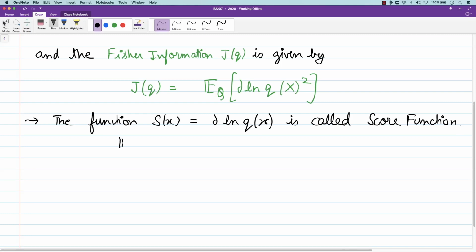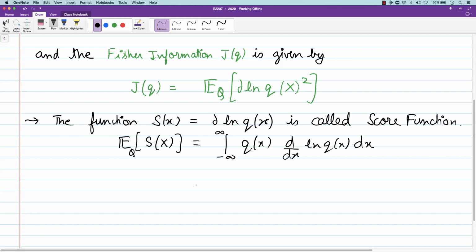One thing about the score function, which I mentioned in the last lecture also: the expected value under Q of this score function is equal to the integral from minus infinity to infinity of q(x) d/dx log q(x) dx, which is the integral of q prime(x) dx, because the derivative of log is 1 by q(x), so that cancels.